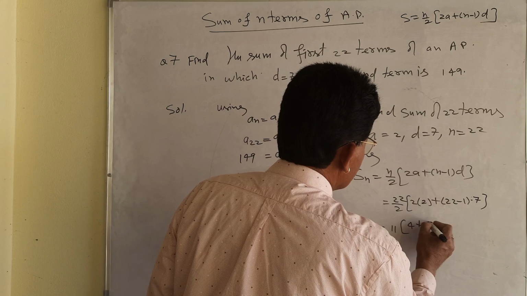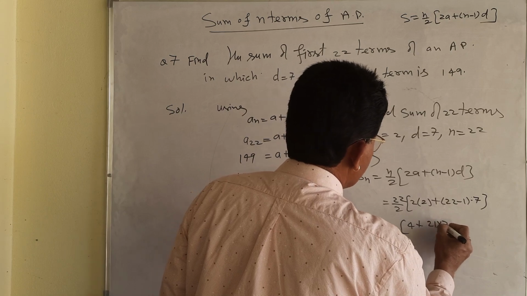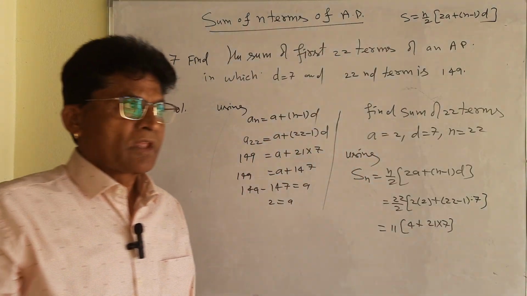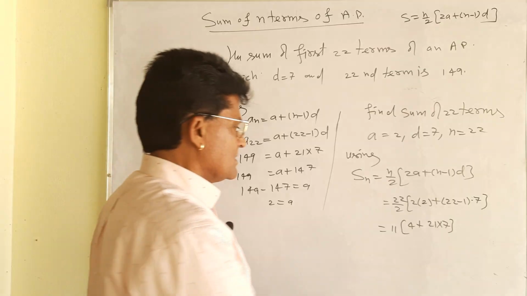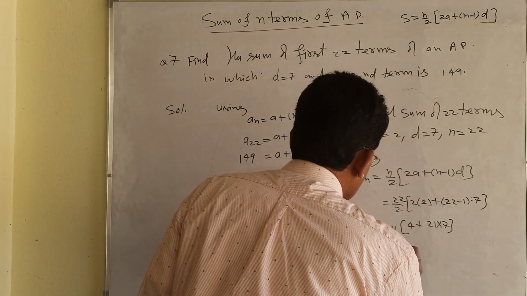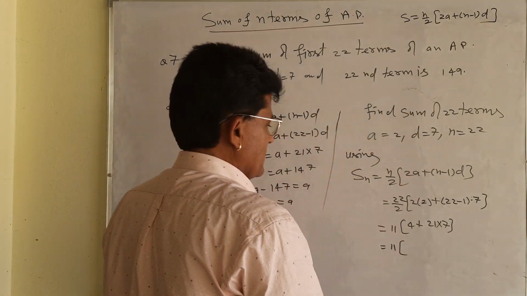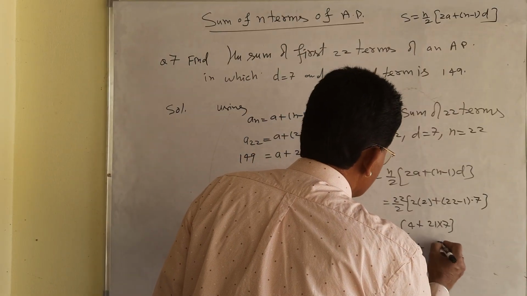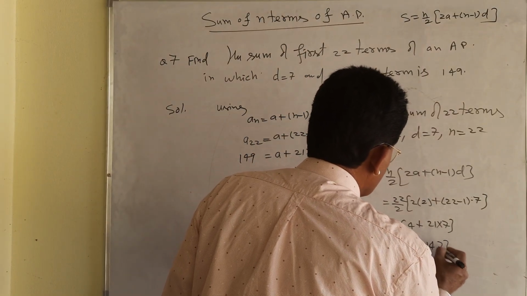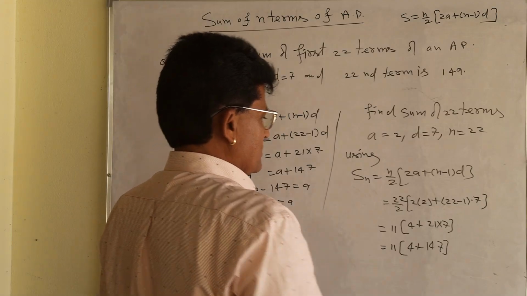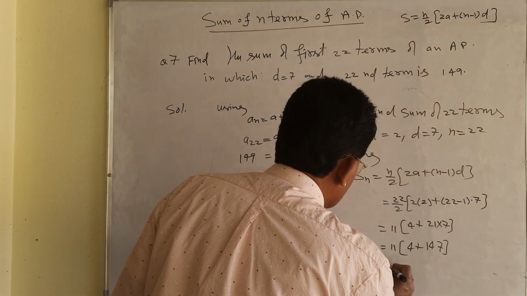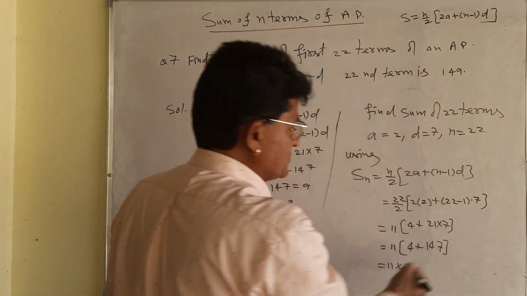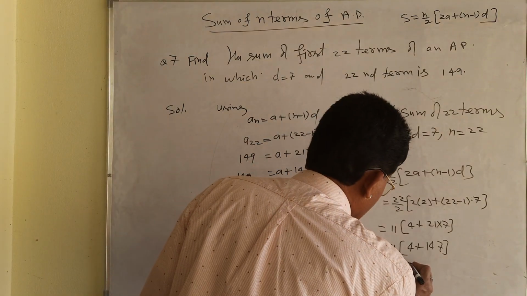4 plus 21 into 7. You see. Okay, then you see 11, and you multiply it. 4 plus 147. 11 into 4 plus 147. 151.